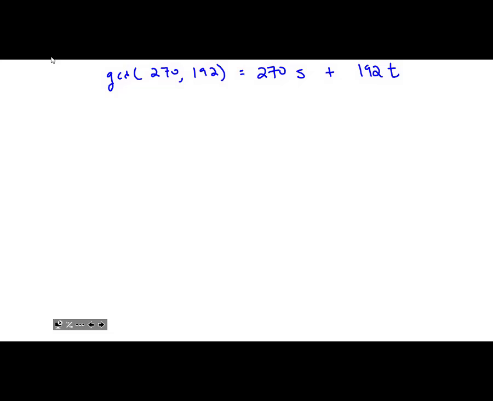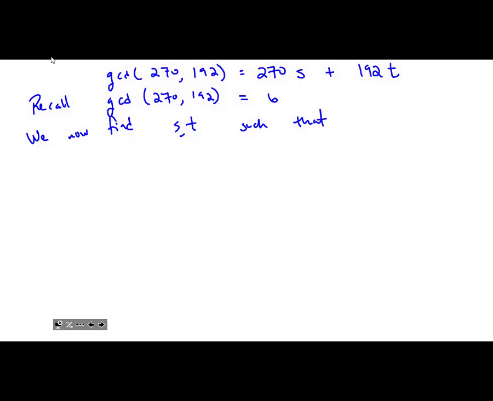Now, let's recall that we just found that the GCD of 270 and 192 is in fact 6. So we're now going to find s and t such that 6 equals 270s plus 192t.